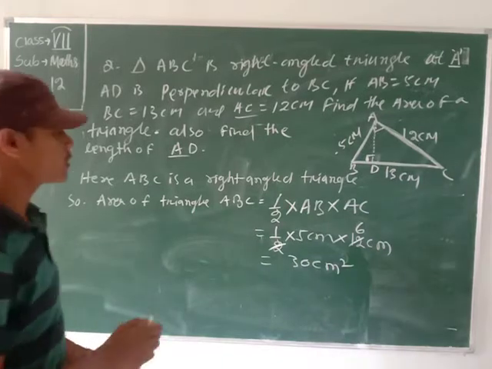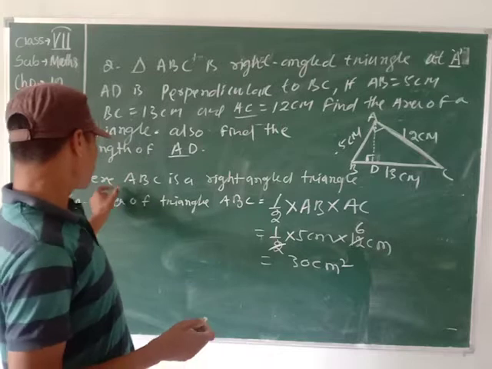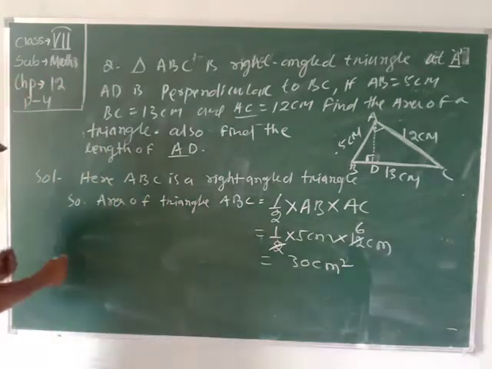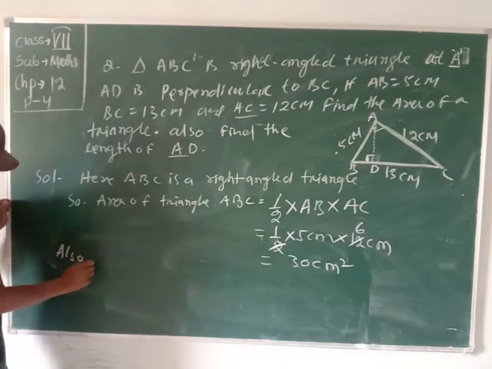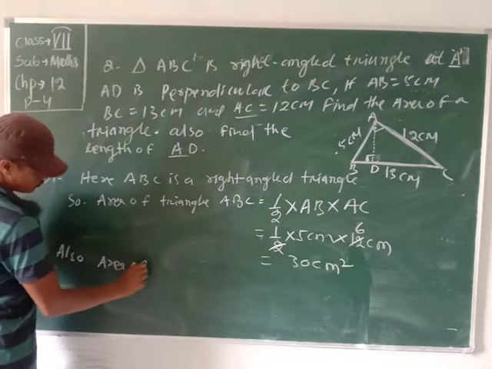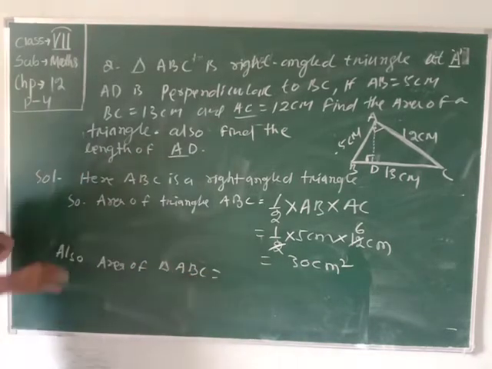This is how we find the area of triangle ABC if the triangle is a right angle triangle. Now we can also find the area of triangle ABC if the triangle is not a right angle triangle.